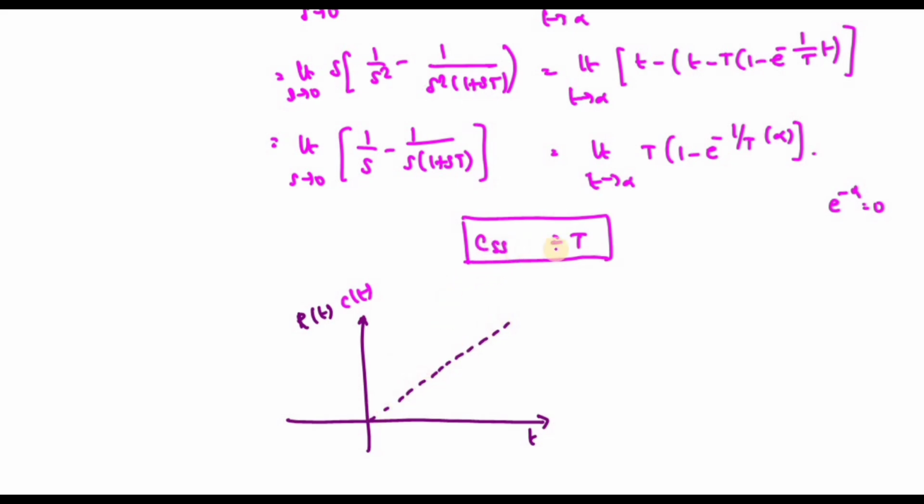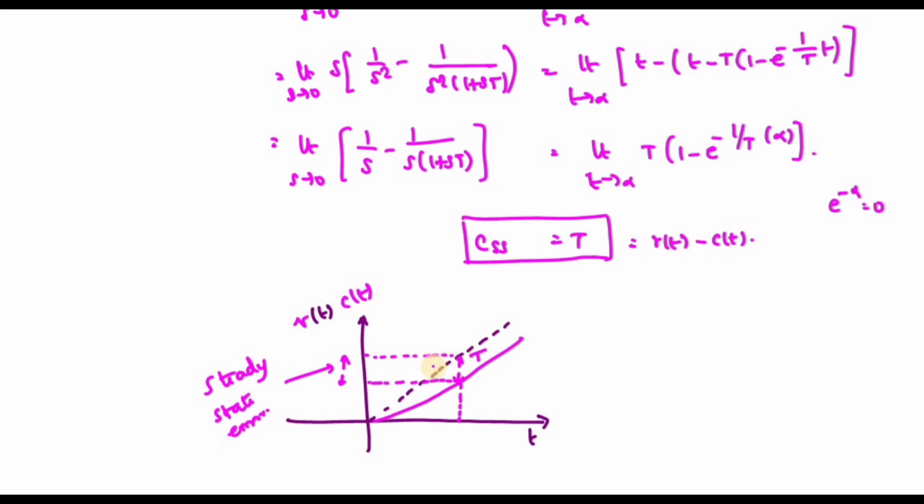But I have an error, e of ss is equal to T, which is nothing but r of t minus c of t. So at t equal to some value, you will get the difference as T, capital T. This is my steady state error.